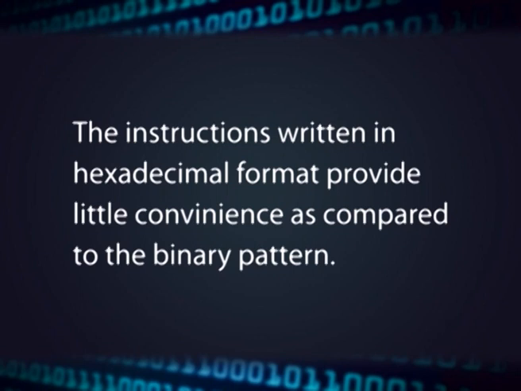The instructions written in the hexadecimal format provide little convenience as compared to the binary pattern, but it is still difficult to understand and write programs in hexadecimal format. The microprocessor kits used for writing machine language programs provide a facility so that the instructions and data are represented in hexadecimal format and stored in desired memory location through the available keyboard on the microprocessor kit.